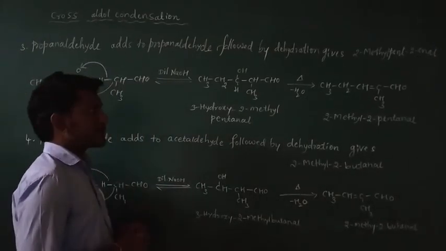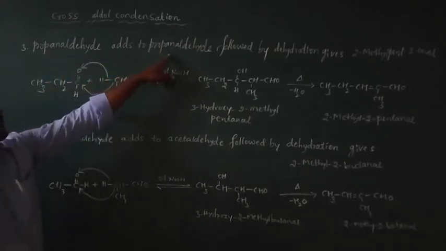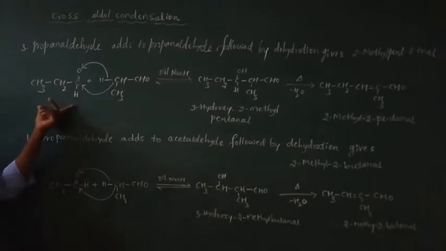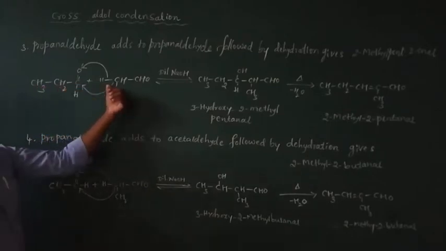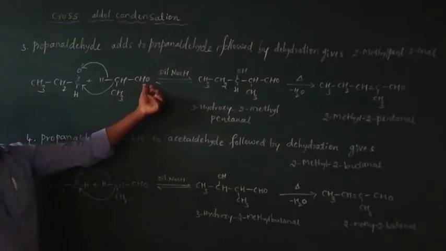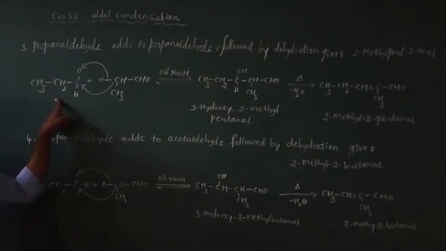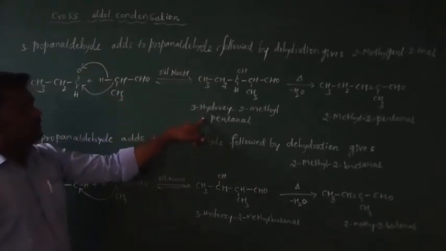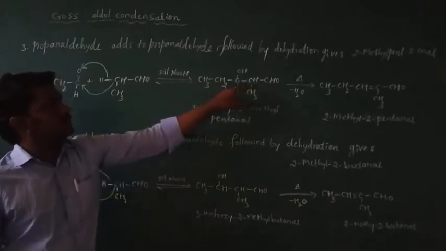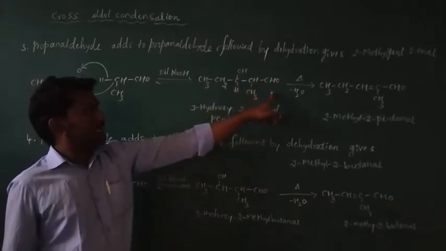Third example, propanaldehyde adds to propanaldehyde. Propanaldehyde is CH3CH2CHO. One propanaldehyde is added to another propanaldehyde in the presence of sodium hydroxide to give 3-hydroxy-2-methylpentanal.